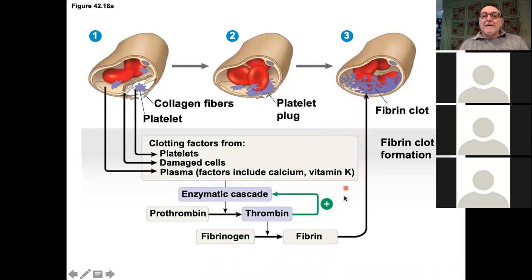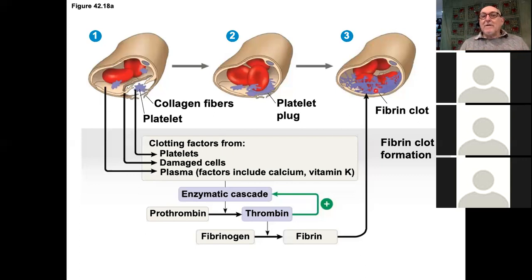And all I need you to remember is it's a very complex thing. If we were to look at all the enzymes and everything involved, you'd see it's a very complex interaction of various enzymes and substrates, which we refer to as a cascade. The details of the cascade you don't need to remember.